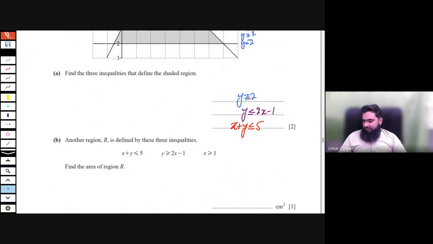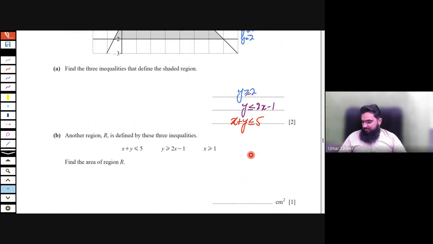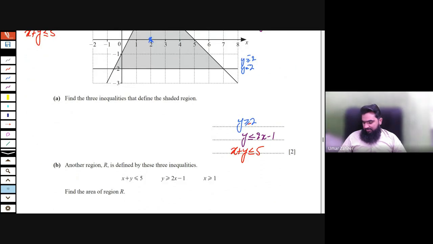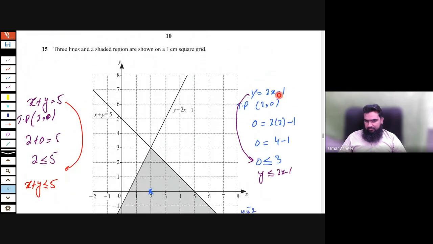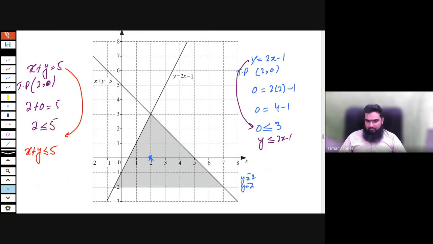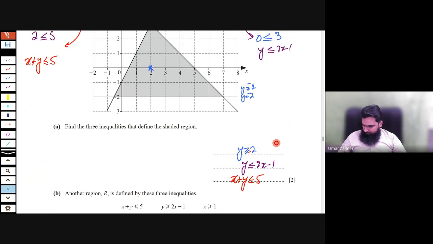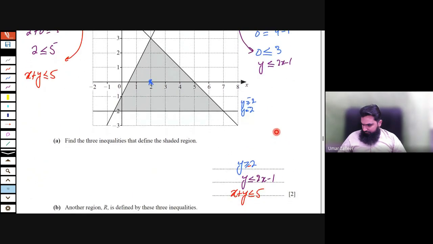All right. Another region is defined by the same 3 inequalities. Find the area of the region R. Same inequality. Which is greater than, which line it is.